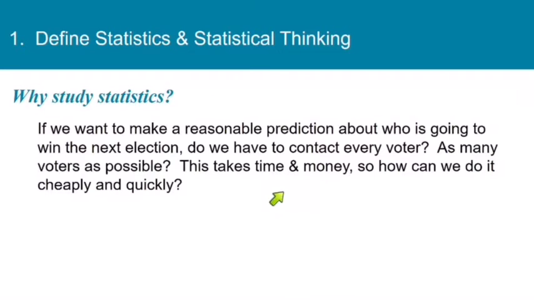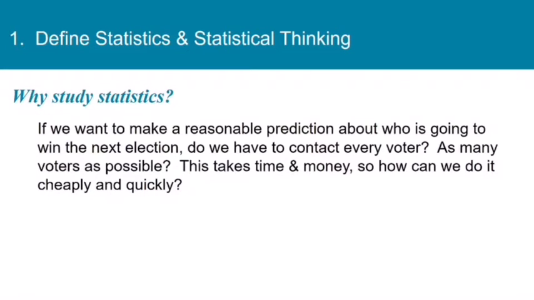Every voter that a pollster talks to takes time and money. It takes time to find the people and ask them the questions, and it takes money because you have to pay a pollster to do that, and you have to analyze the data. So how can we do that cheaply and quickly? If you're a pollster or a candidate and your campaign is running polls to see how you're doing, you're interested in getting valid information as quickly and cheaply as you can.